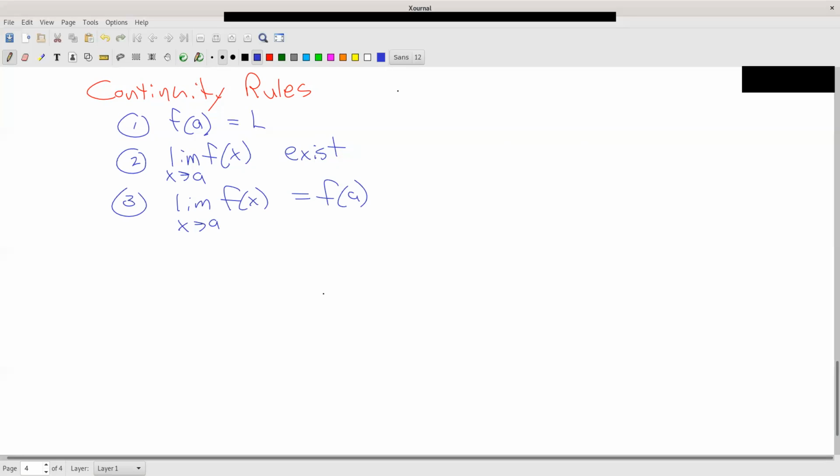You can kind of summarize it into this third step right here, but this doesn't necessarily apply. The limit exists, but those are the 3 rules right there. So if those things happen, if there's a function value and the function behaves nice on each side, right? This is a 2-sided limit here.